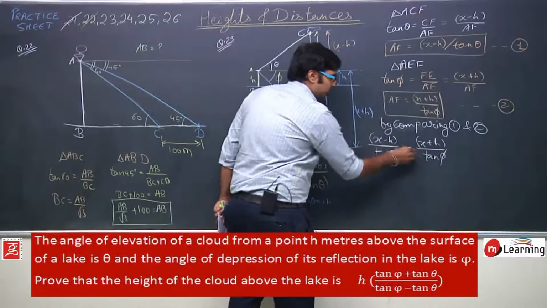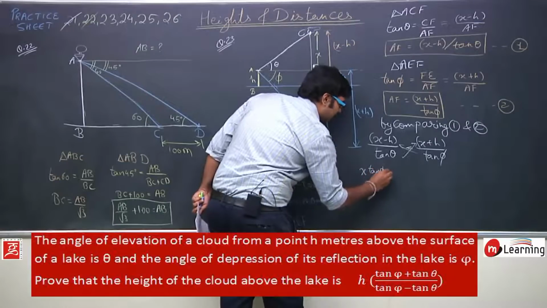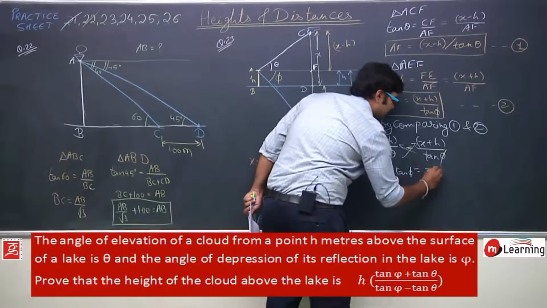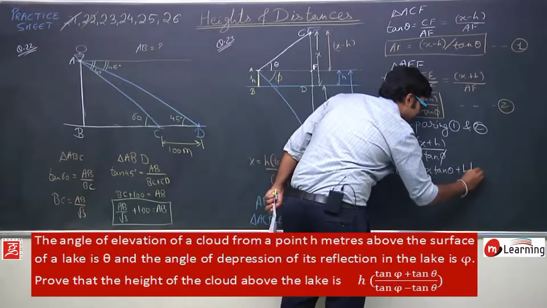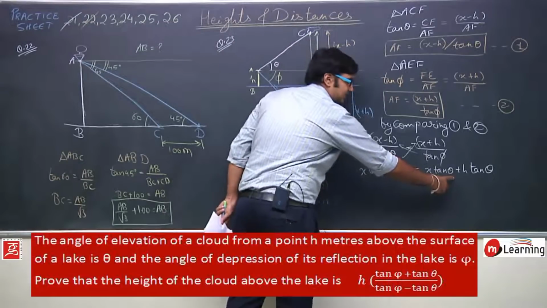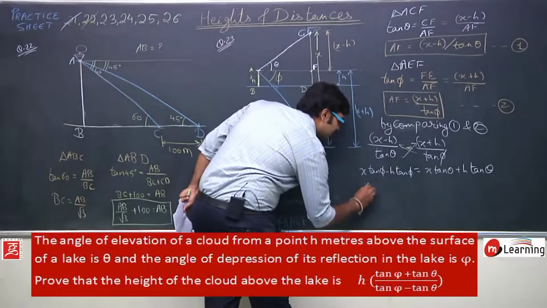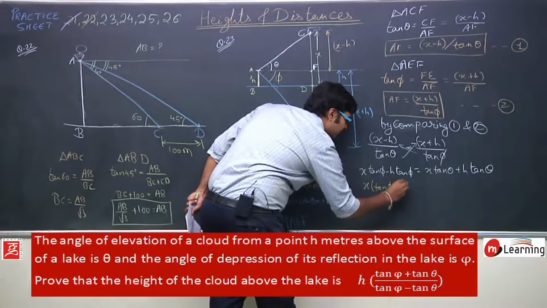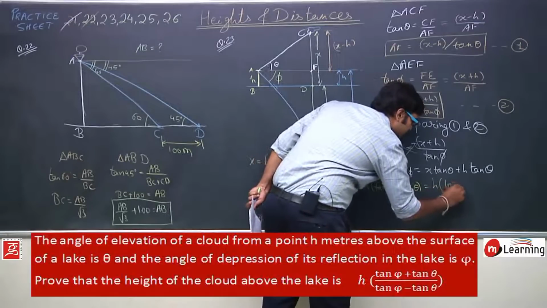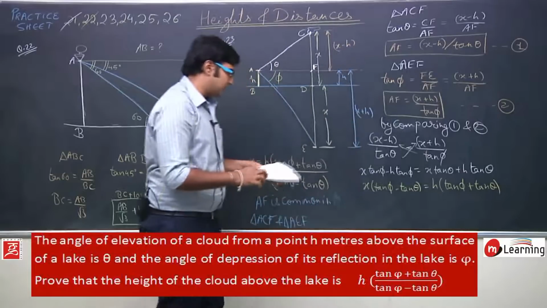Cross multiplying tan phi and tan theta, you will get X tan phi minus H tan phi is equal to X tan theta plus H tan theta. Now let us shift X tan theta to LHS and H tan phi to RHS. So X times (tan phi minus tan theta) is equal to H times (tan phi plus tan theta).